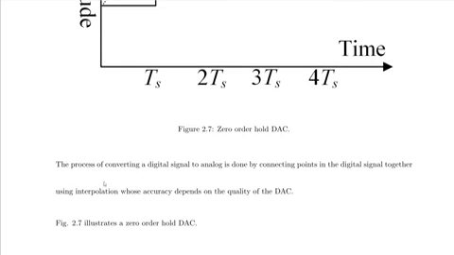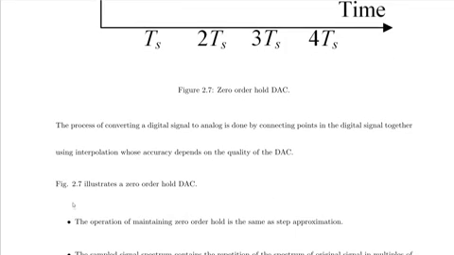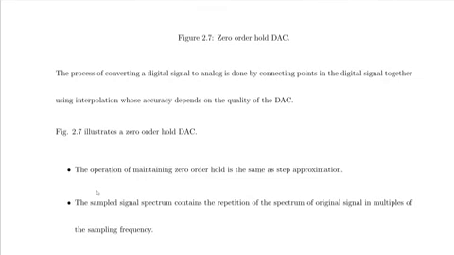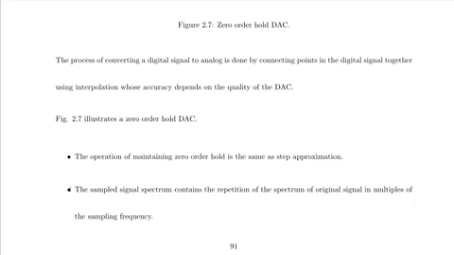The process of converting a digital signal to analog is done by connecting points in the digital signal together using interpolation whose accuracy depends on the quality of the DAC. The above figure illustrates a zero-order hold DAC. The operation of zero-order hold is the same as step-quant approximation.